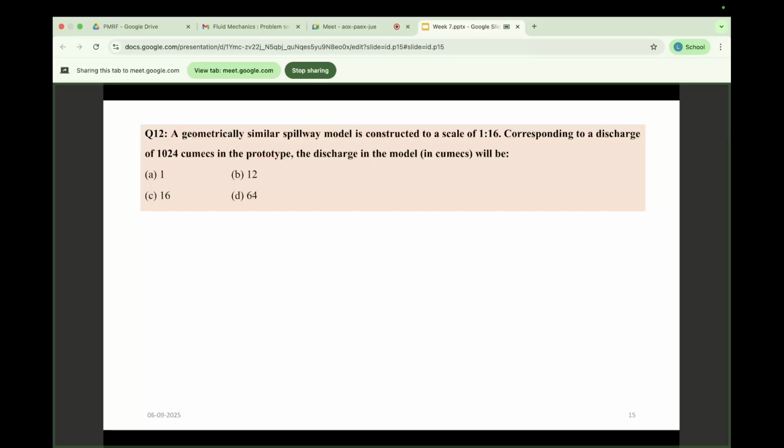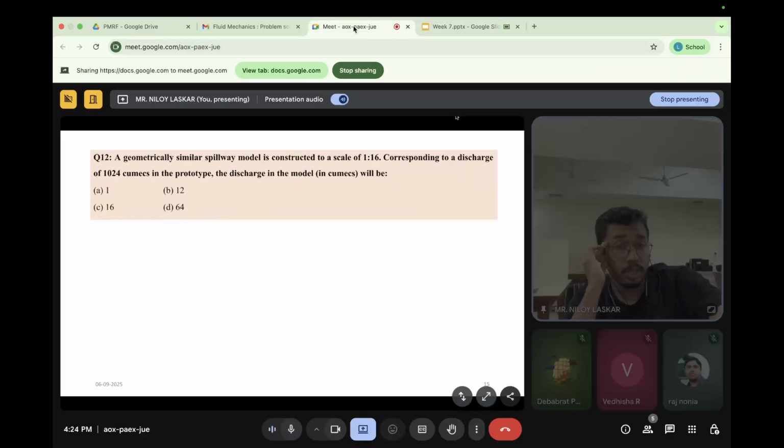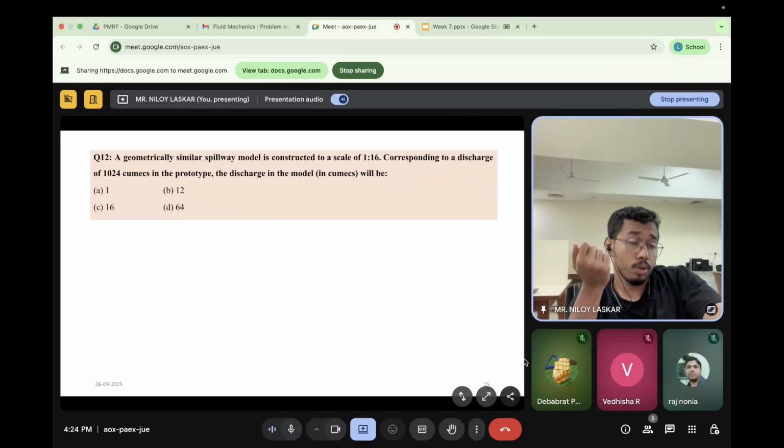In this question, a geometrically similar spillway model is constructed to a scale of 1 is to 16. That means LR or LM by LP is given as 1 is to 16, corresponding to a discharge of 102 cubic meter in the prototype. The discharge in the model in cubic meter will be what? So you are asked to find this thing. So this is basically this concept of non-dimensional numbers, as already I have solved a question regarding this.